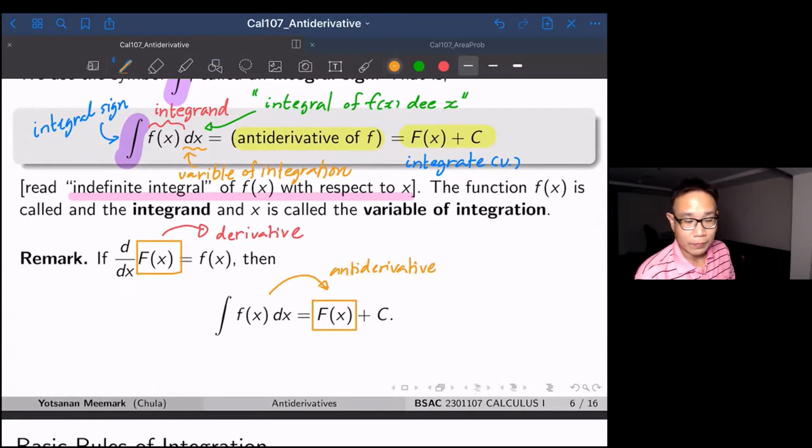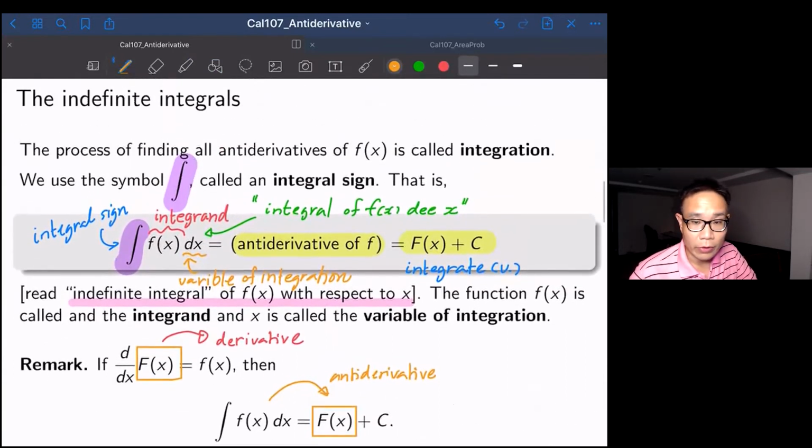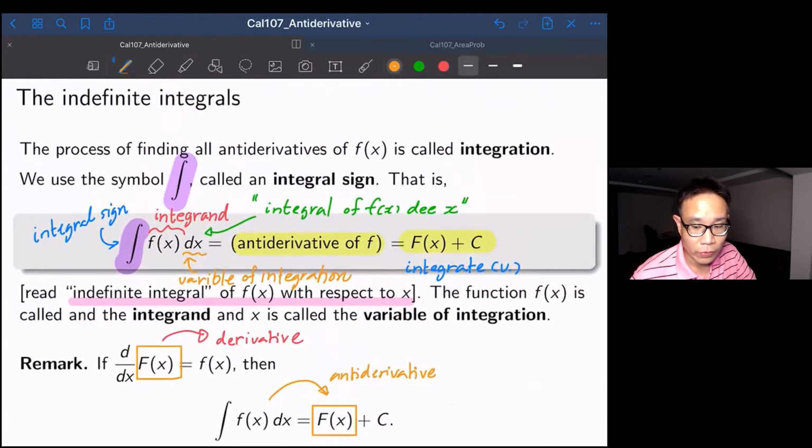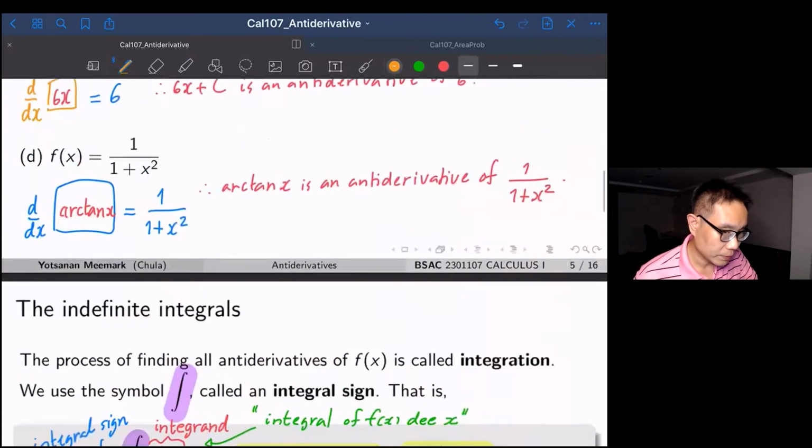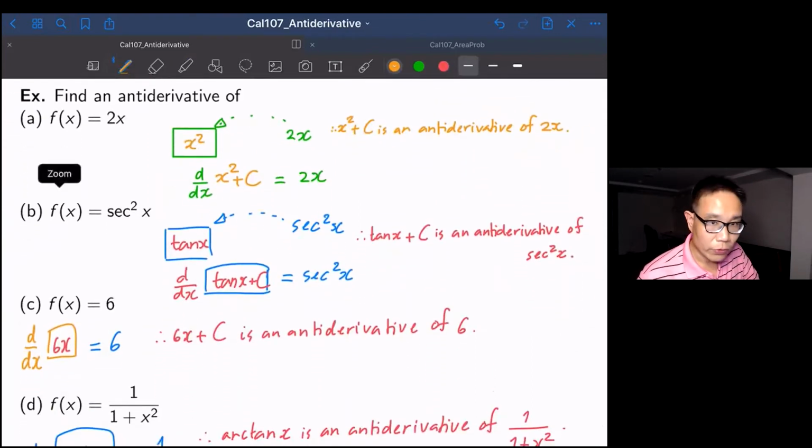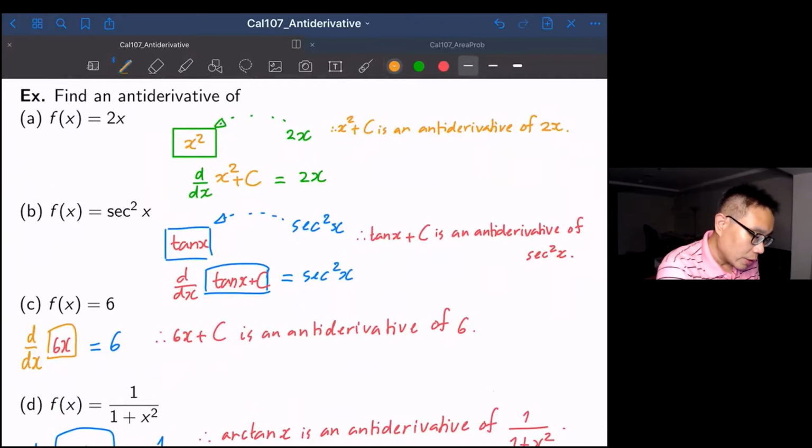Okay, so let me use the notation that we just discovered in order to write the previous ones shorter.